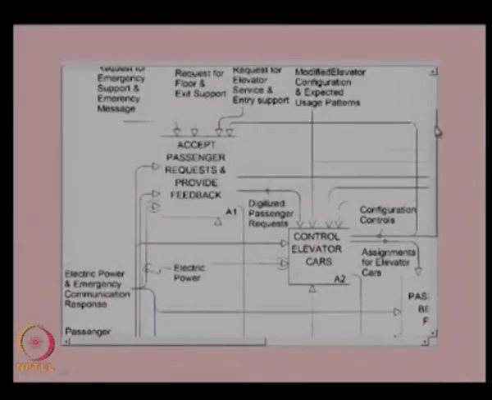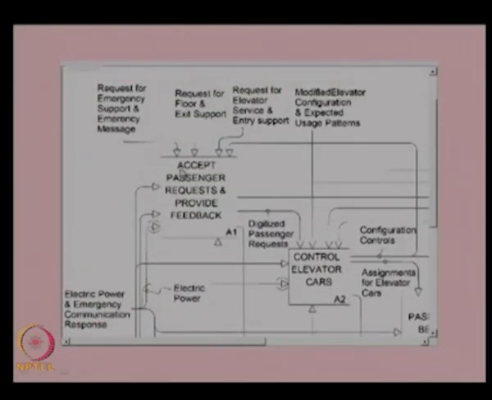This is the first one, the A1 function, accept passenger request and provide feedback. That is the first function of the decomposition of A0, and the inputs are request for emergency support and emergency message, request for floor and exit support, and request for elevator service and entry support, and these are the main inputs coming from the passengers. Other inputs are electric power and emergency communication response that will be coming to this function.